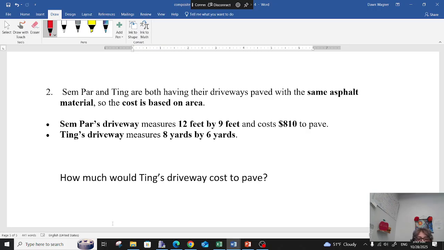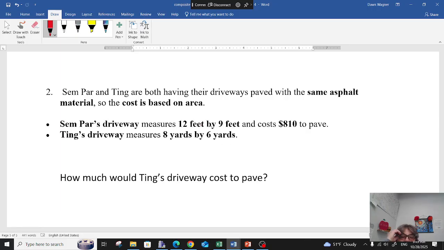Ting's driveway measures 8 yards by 6 yards. How much would Ting's driveway cost to pave? So you need to get the units correct, though. You cannot do this before doing conversions, right? See how these are, always do conversions first. These are feet and these are yards.